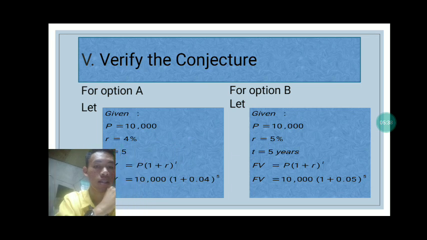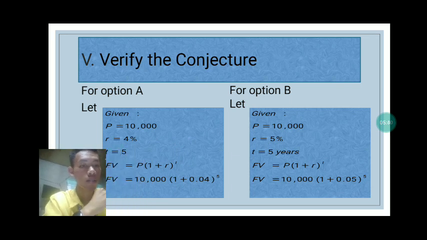And then substitute the given into the formula, which is present value 10,000 times 1 plus 0.05, by converting the percent into a decimal, raised to 5.